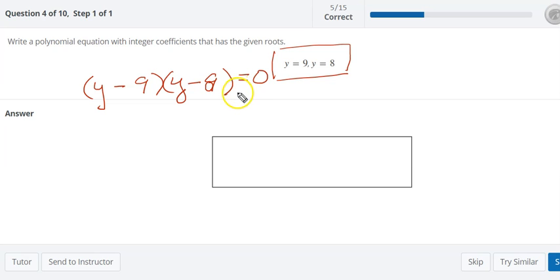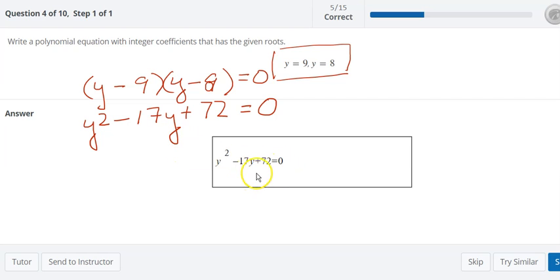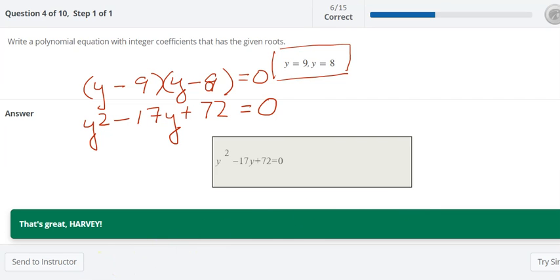So now we FOIL this and get y squared and a negative 17y in the center, and then a positive 72 equals 0. And there's our equation. So putting that carefully into the box, from the answers I worked backwards, got my factors, FOILed it, and then I have my equation, and now I submit it, and I have that right.